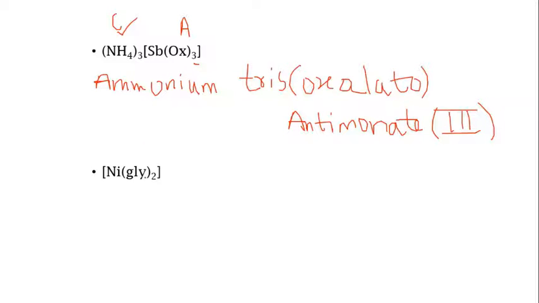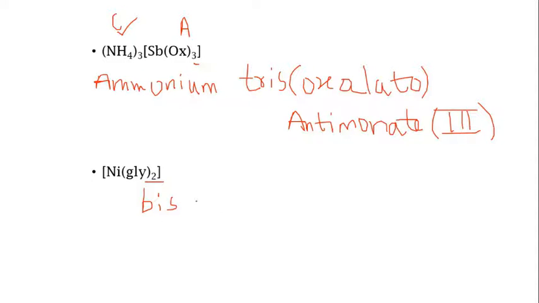Then going to the next example, you have nickel GLY taken twice. So this is the glycinate ligand and you have a nickel center. So glycinate is a polydentate ligand. So you will use the prefix bis because there are two glycinate ligands. So 2 is bis. If there are 3, it is tris. If there are 4, it is tetrakis.